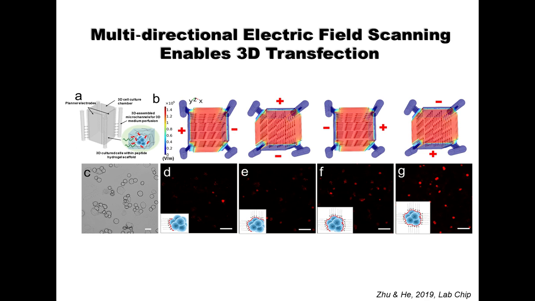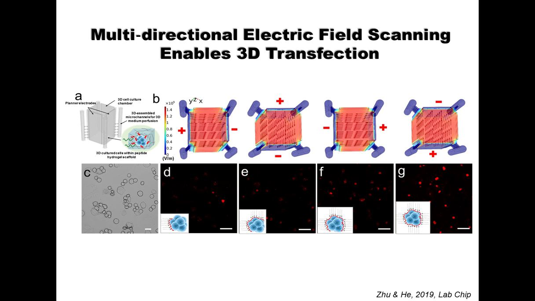And meanwhile, we introduced this multi-directional electric field scanning process, which provides a very uniform electric field distribution in a three-dimensional way. And we can see that enables the plasmid to transport into the cell much more efficiently.